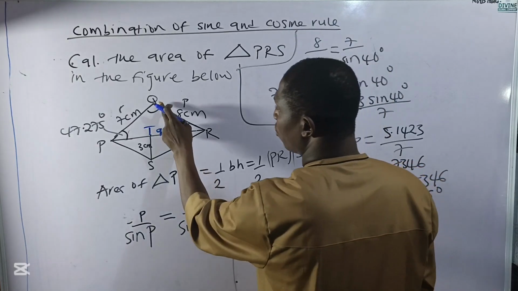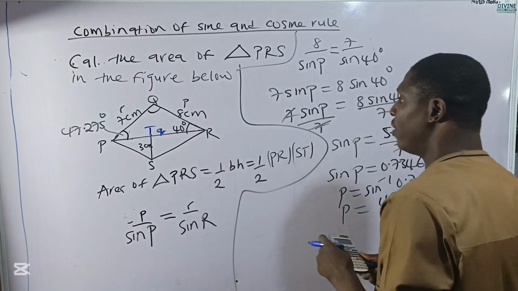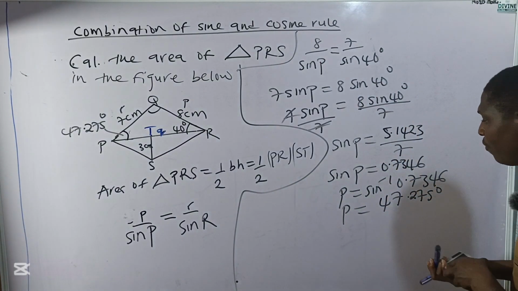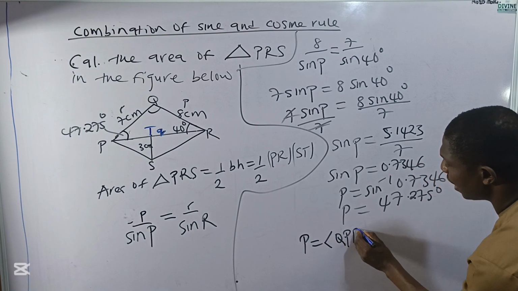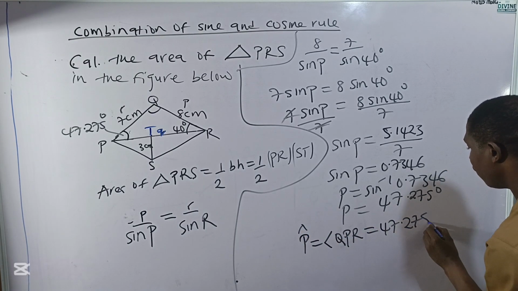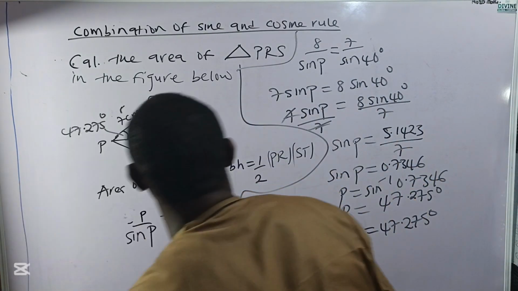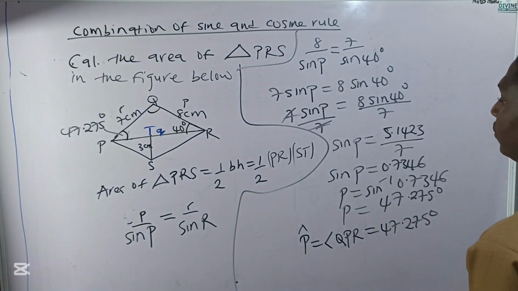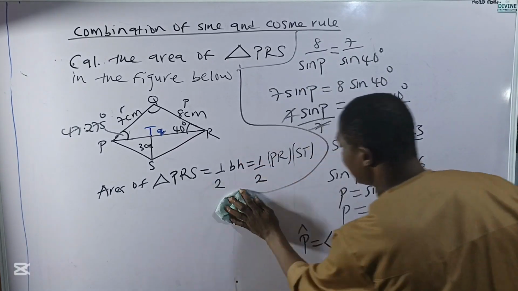So this angle is angle QPR. Remember, QPR. So angle P is that, which is the same thing as angle QPR equals 47.275 degrees. So I've gotten one angle. I can therefore get my angle Q, because I must get my capital Q before I get my small letter q. So let me clean all this.